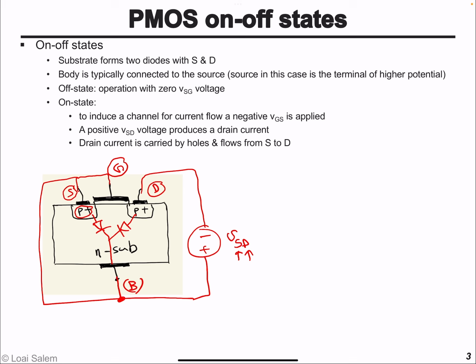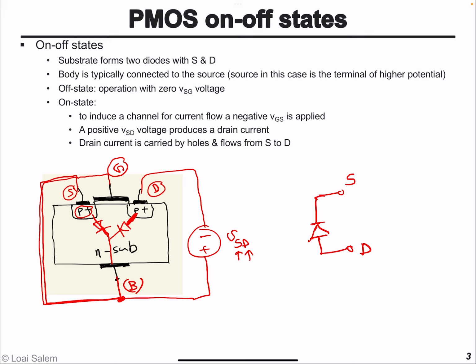Now, since we have a short circuit between the source and body, this diode we can ignore, and basically we can represent the transistor as follows. If this is the source terminal and this is the drain terminal, we have the anode terminal of this diode connected to the drain and the cathode terminal connected to the source.